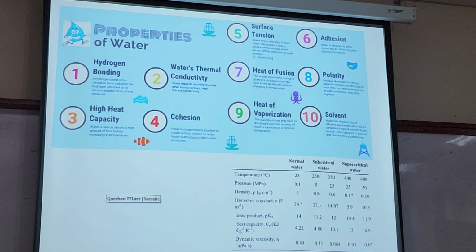So water, H2O. Where does it come from? One hydrogen. No, originally, this Earth, before Earth first created, what was it like? Asteroid floating about.